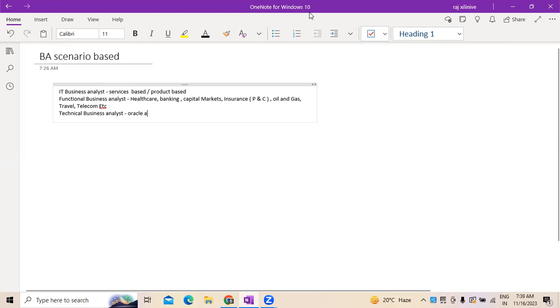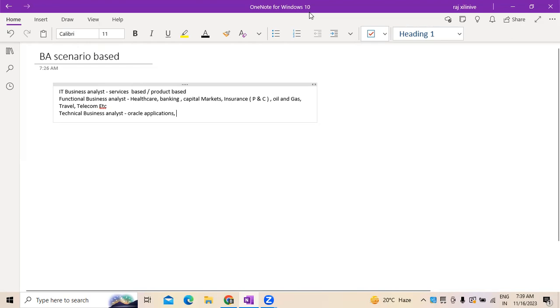For example, an organization is using some Oracle applications. They want a business analyst who can customize or integrate or make some changes in the customization or migration related stuff on the existing projects, right? So this is where generally Oracle applications come into the picture.